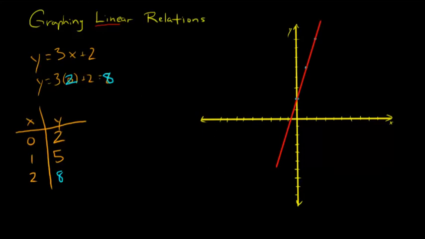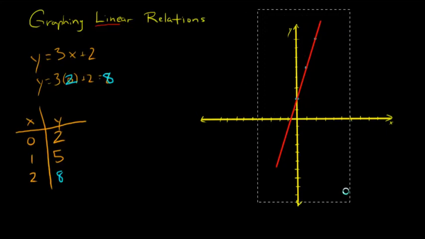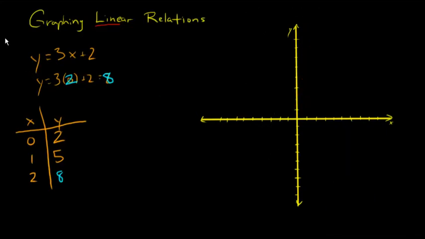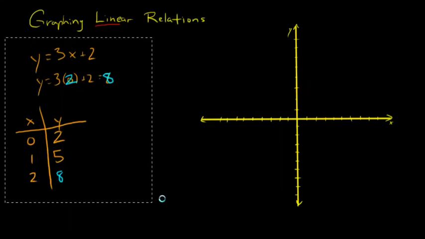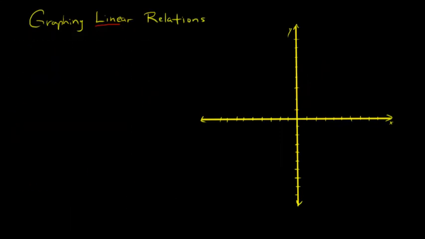Alright, one more example I want to show you that is perhaps just a tiny bit harder than the others, and that's when I give you a linear equation with fractions in it. So let's say y equals 1/3 x plus 1.